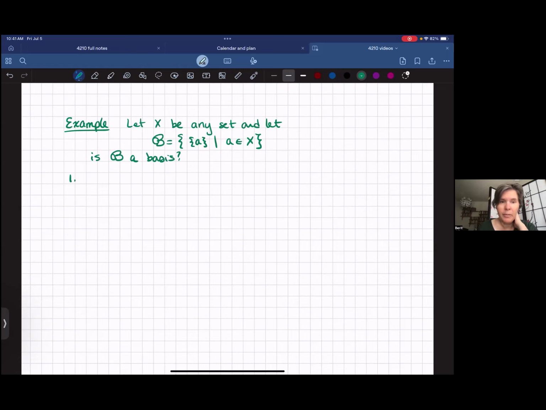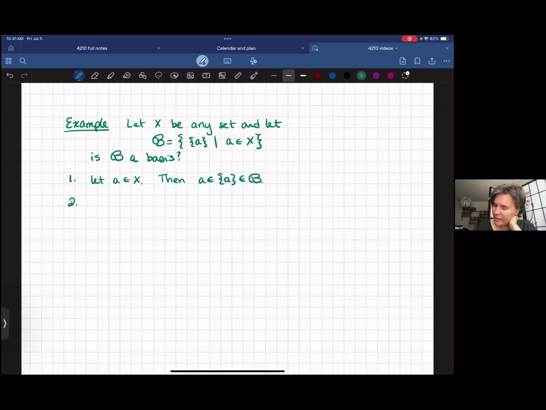So the first requirement that we want to look at is that every point should be in one of these sets. So let's let A be in X. Then A is an element of the set containing A, which is in B. So each point is its own little set. And so every point is in one of the sets. We have full coverage because every point is in its own little set.